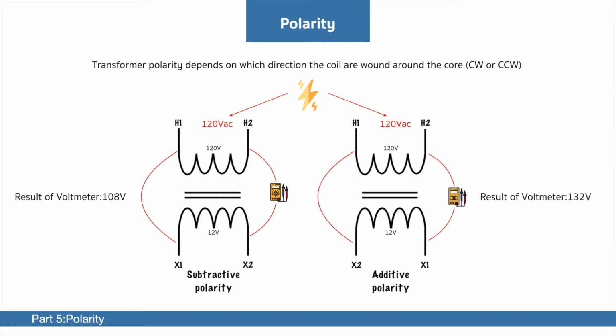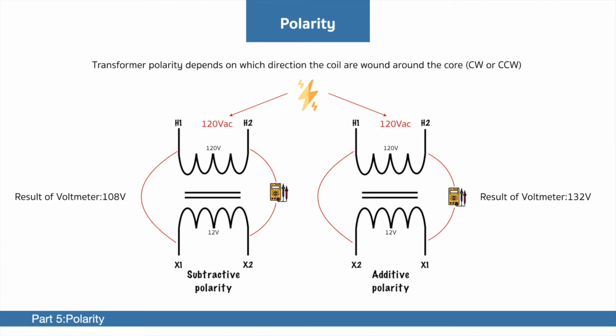As we said, odd numbers on terminals indicate negative numbers, and even numbers indicate positive numbers. So again, in the subtractive case, we're going to have negative 120 volts plus 12 volts, so we will have less voltage compared to the initial value. We should see around 108 volts. So for additive polarity, when we connect it up correctly, we should see a higher than applied voltage.